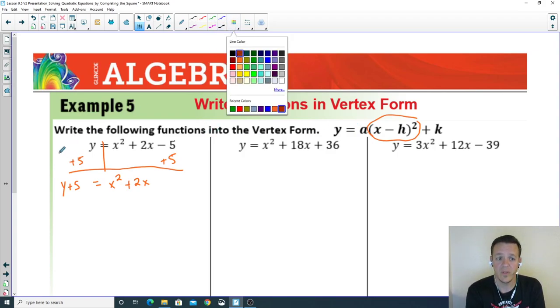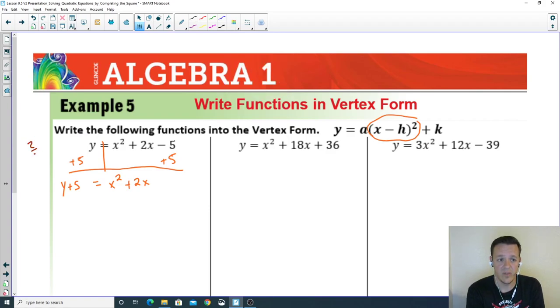Remember from previous lessons, we take the b value, divide it by 2, and then you square it, so that would be 1 squared, which is of course 1. So you add 1 here, and then you add 1 to this value over here. Now you basically complete your square. So you add this together, so it would be y plus 6 over here, and then this value here, instead of me writing it out, I'm just going to do the perfect square part with the x value: what two numbers would multiply together to make 1, but when you add them make 2, of course, would be x plus 1 squared.